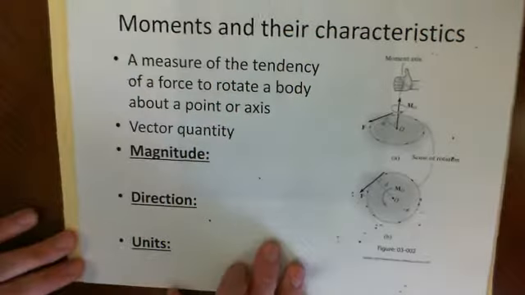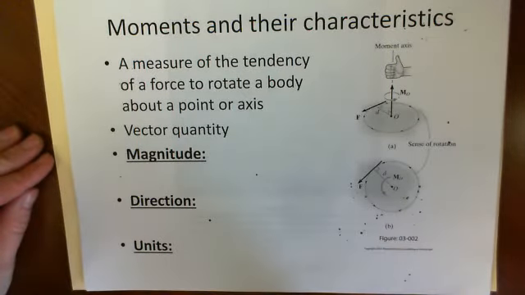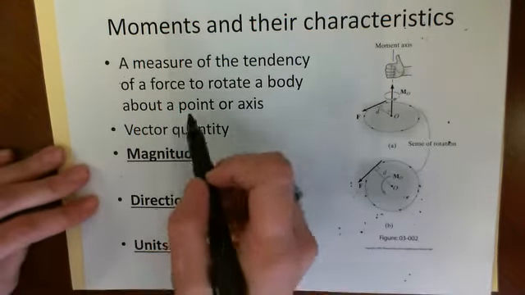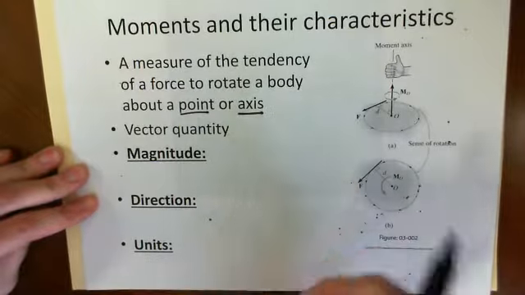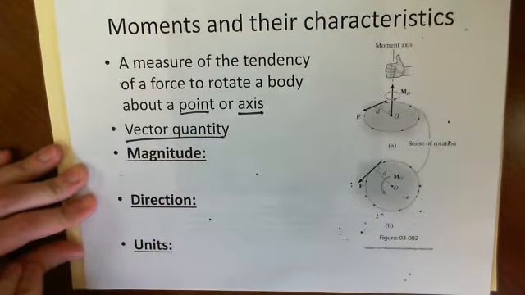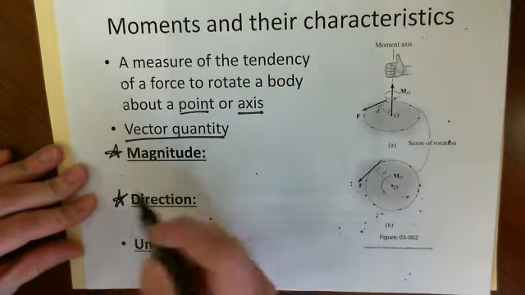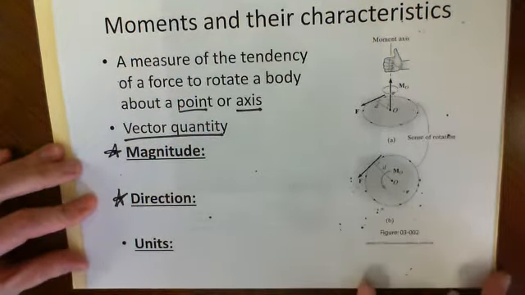A moment is defined as a measure of the tendency of a force to rotate a body about a point or an axis. It is a vector quantity.